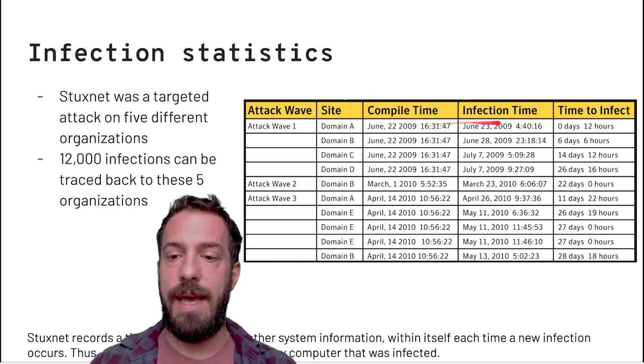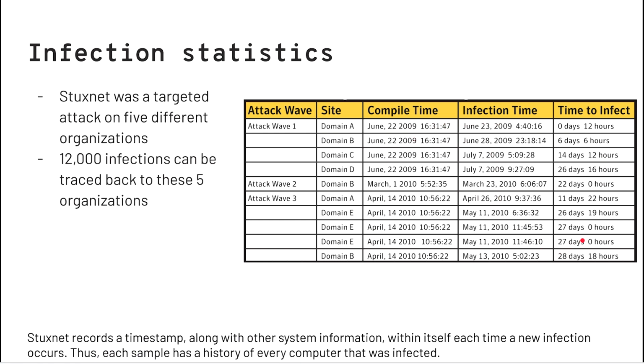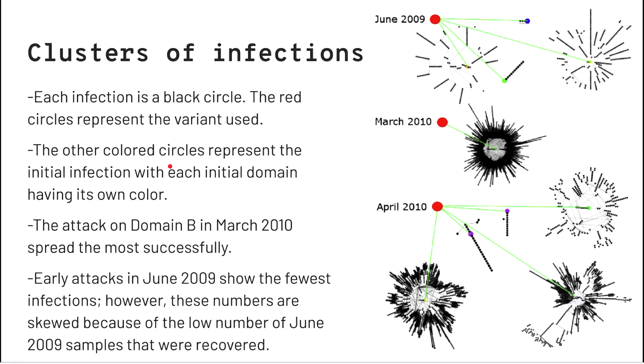Some domains were infected quickly, while some domains took 26, 27 days to be infected because things had to be propagated, or because at some point someone put that USB drive in their laptop that was connected to the business network. So 5 domains were affected, and 12,000 of these infections can be traced back to these 5 organizations.